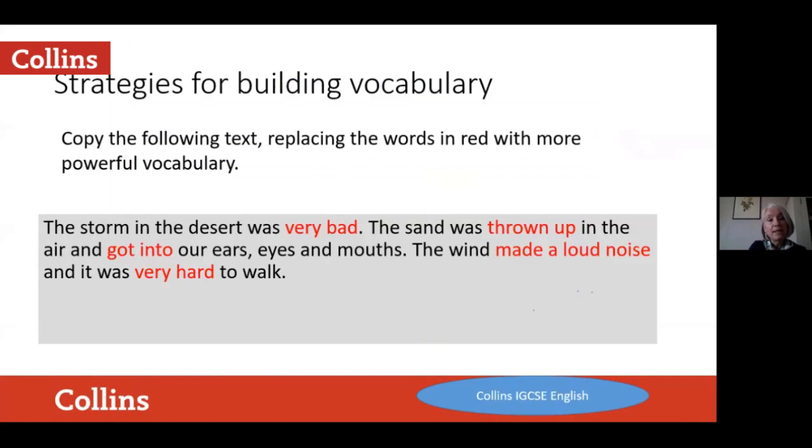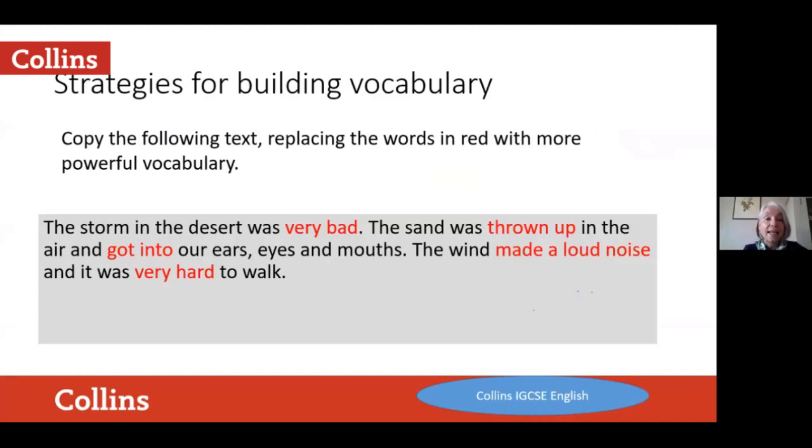So we can give them exercises like this, where they maybe have to copy out a text like this and use more interesting, more complex vocabulary for the bits in red. So what would we say here? Remember, this is what the examiners are looking for. Interesting vocabulary. This is from our IGCSE practice book.